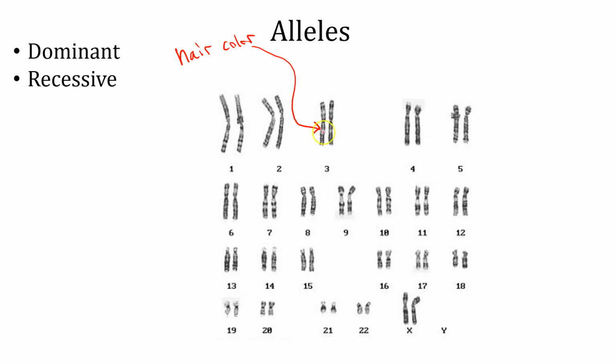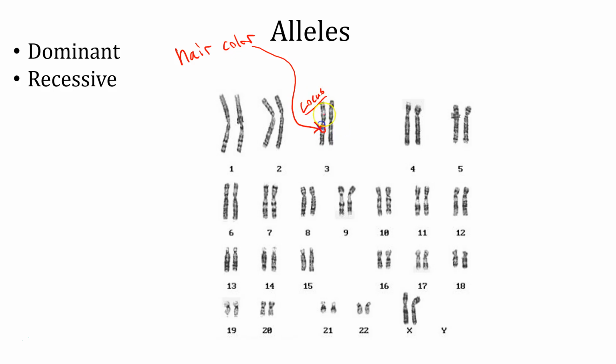Right in here there are millions and millions of base pairs of DNA which contain the information your body needs to build hair in a way that has a certain color. Generally, homologous chromosomes have the same genes at the same locus. This spot on a chromosome is called a locus.